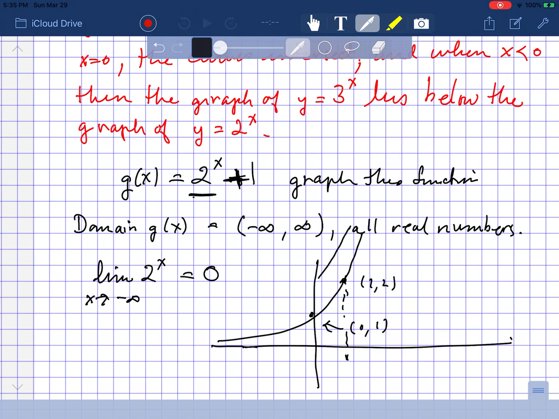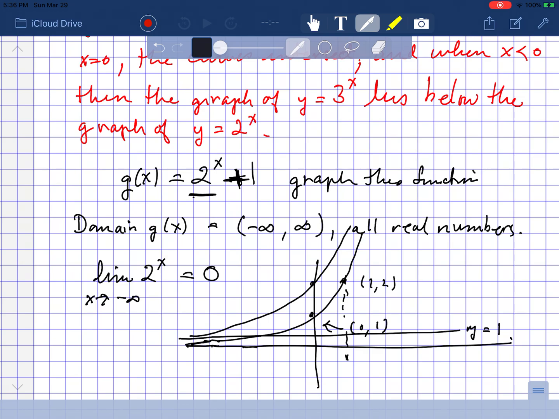So everything is being shifted upward 1 unit in the positive y direction. And so that means that the graph of my function is going to approach the line y equal 1 asymptotically as x goes to minus infinity.